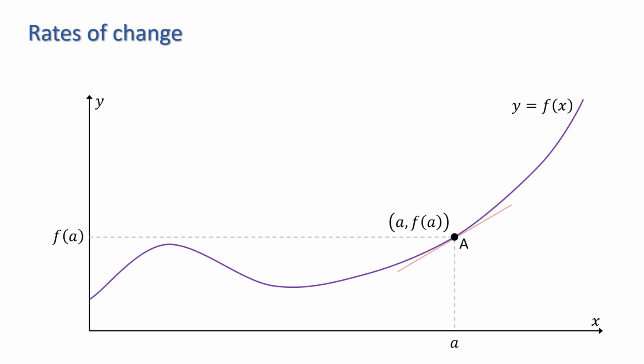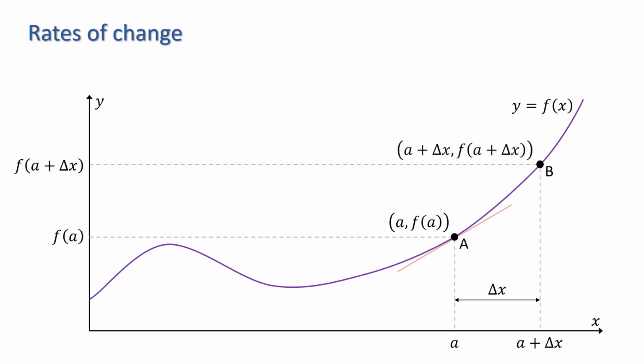Let's start with our point A and take a point B a distance delta x away from it in the x direction. The coordinates of B will be (a + delta x, f(a + delta x)), because it's on the curve. Now, let's look at the straight line that passes through these points.